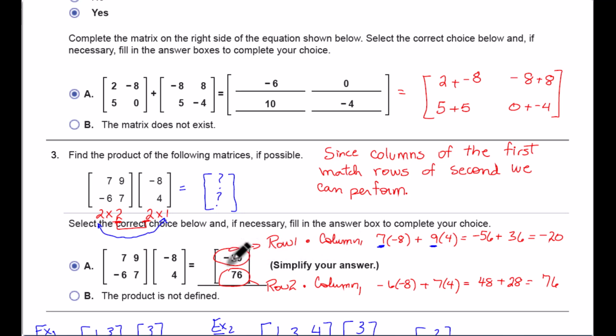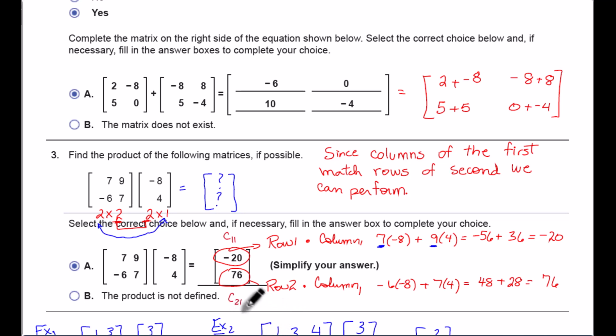And that's that position. So again, think of this as position C1,1, and that tells you you need row 1 of the first, column 1 of the second. This element, where is it? This element is in the second row, first column.